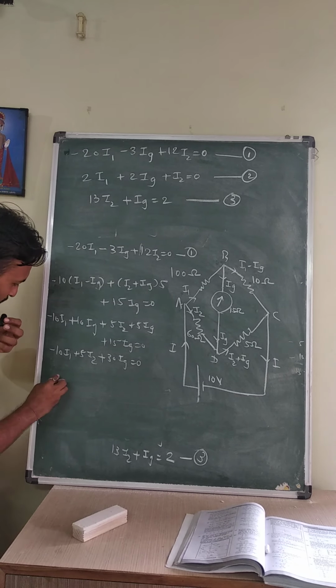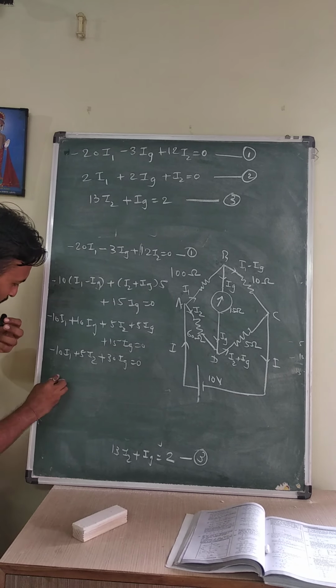So I can write it as 2 I1 minus I2 minus 6 Ig equal to 0. That will be equation number 2. So I am writing equation number 2 over here: 2 I1 minus I2 minus 6 Ig equal to 0.